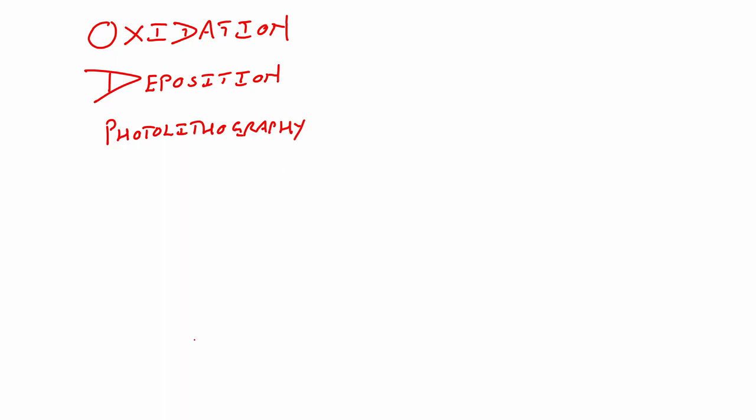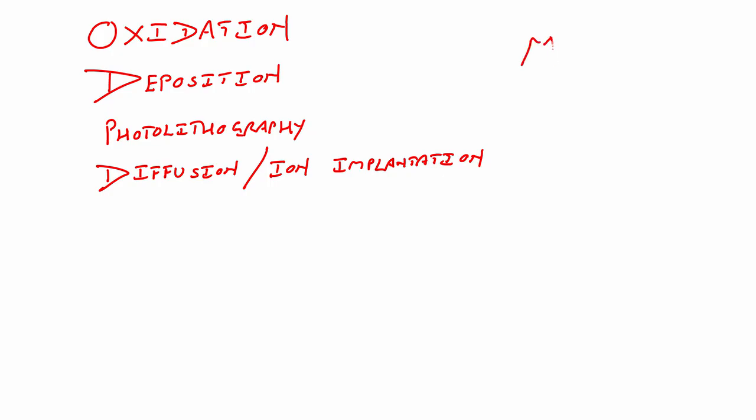Now, these three things we need to know, and one more step you want to understand is diffusion or ion implantation. So, these are the 4 steps that you need to know if you want to understand how a MOSFET is fabricated.